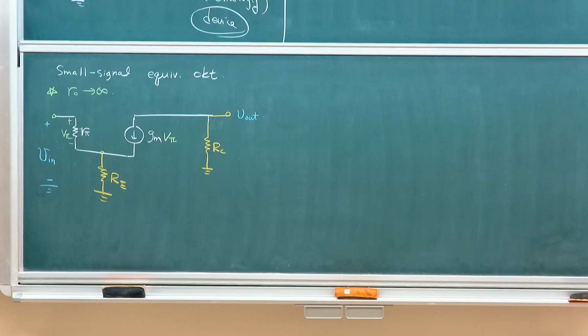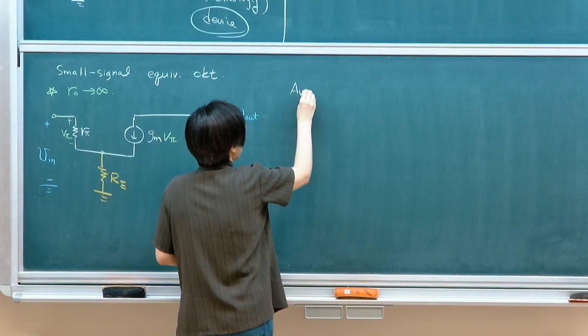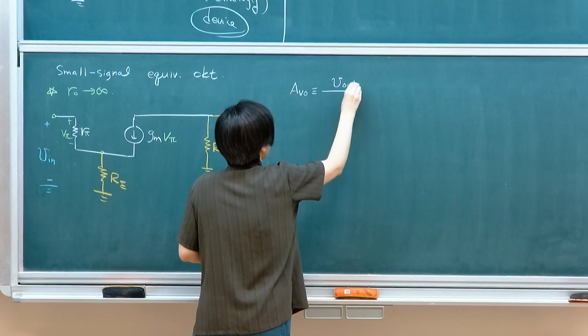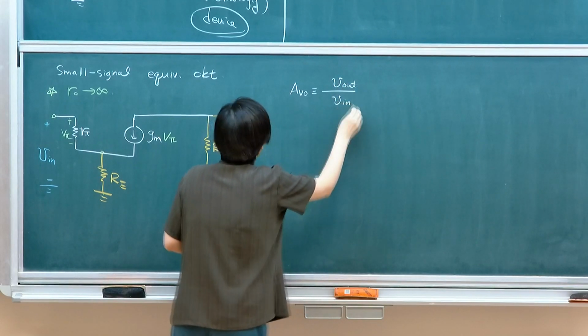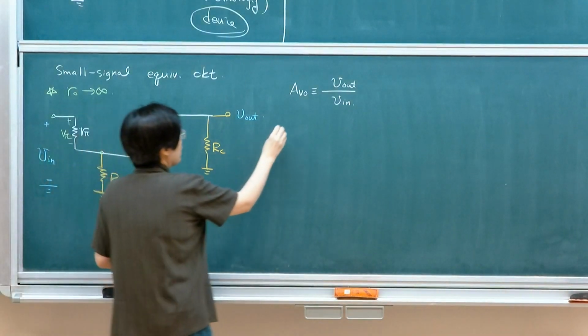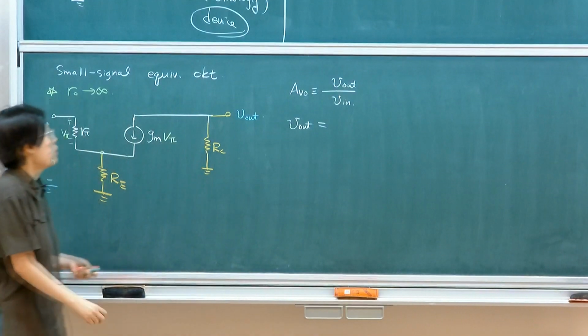So we want to start by looking at the voltage gain first. If you write down the equation, by definition, voltage gain is V out over V in. So anytime you do this, you start by writing down what V out will be based on KCL, KVL.